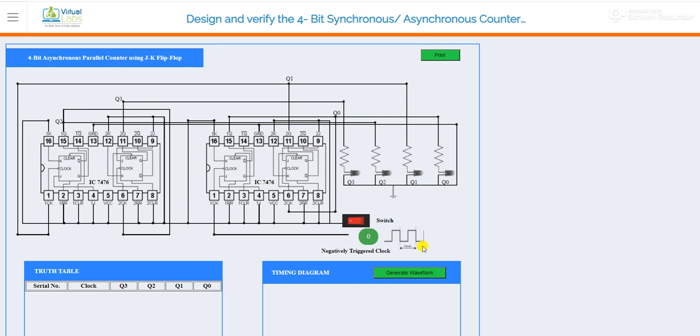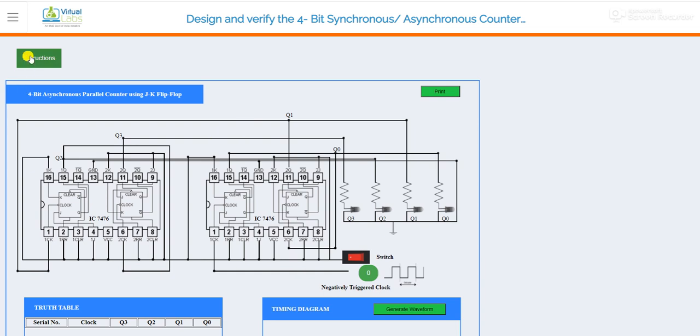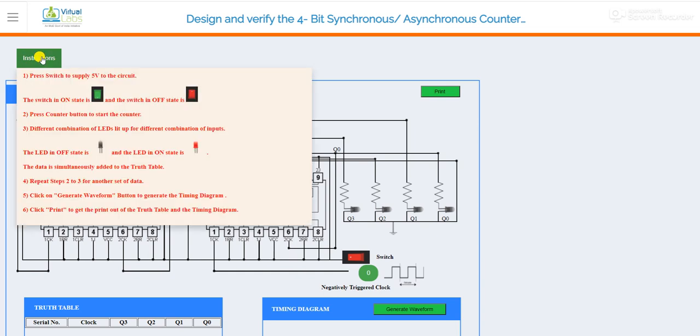Okay, so first of all, we have to go through the instructions. On the left hand side there is a list of instructions which we have to follow for the simulation of this particular counter. The first one is to press the switch to supply 5 volt. So you can see that we have to apply a voltage of 5 volt for the operation of this counter. Second, the green is the on state of the switch, and red color is showing the off state of the switch.